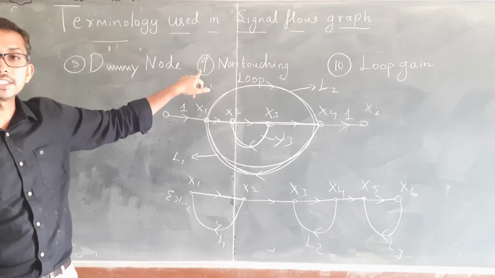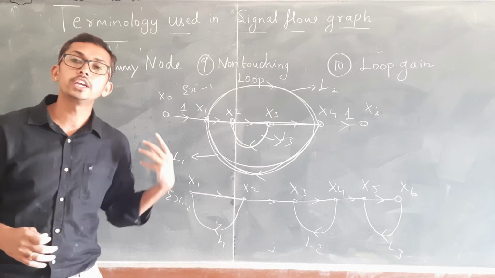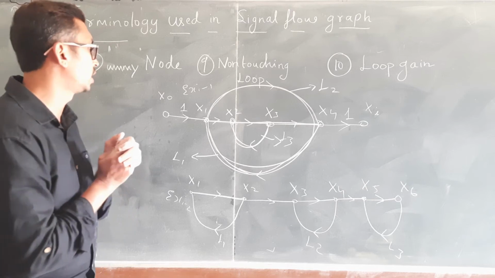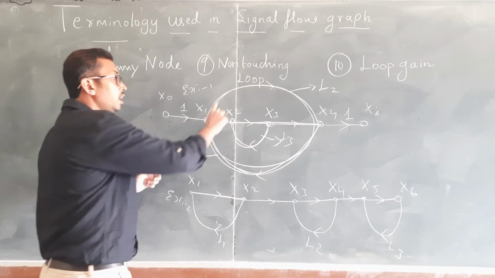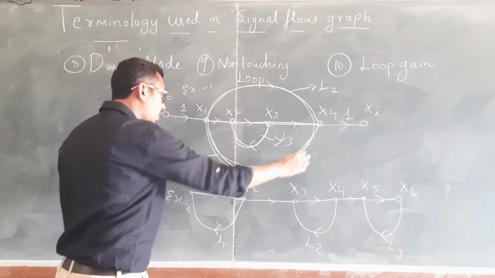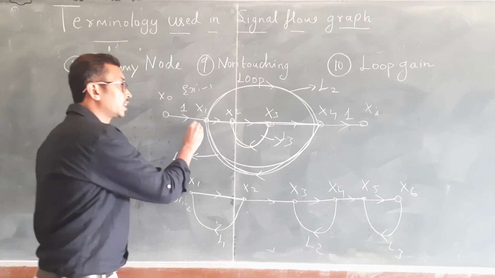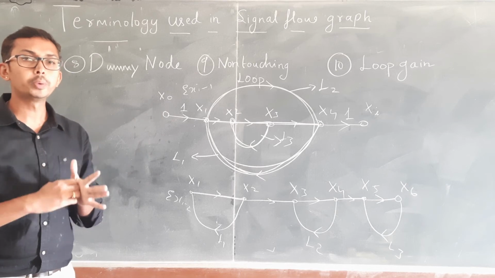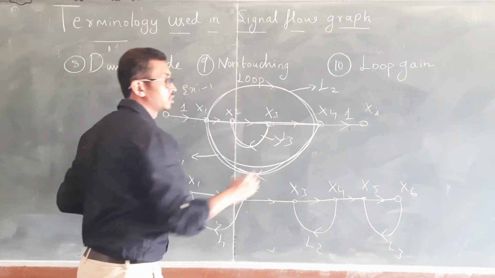What we are discussing is non-touching loops. Out of these 3 loops, we need to identify which loops are non-touching. For example, consider loop 1 and loop 2. The nodes of loop 1 are x1, x2, x3, x4 and back to x1. The nodes of loop 2 are x1, x4 and back to x1. These 2 loops are sharing the nodes x1 and x4.